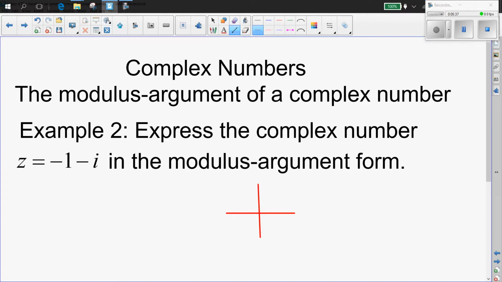Remember that our horizontal axis represents real numbers and our vertical axis represents the imaginary numbers. The real value is -1 and the imaginary number is also -1. So this is an approximate position of z, with coordinate -1, -1.